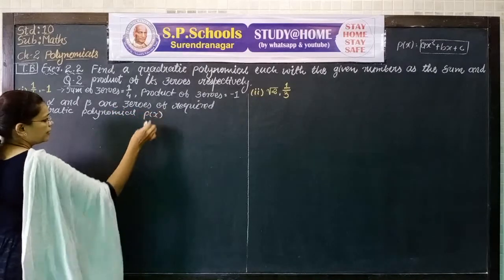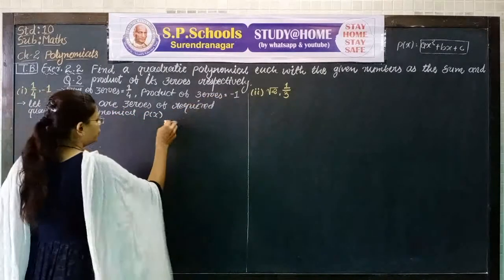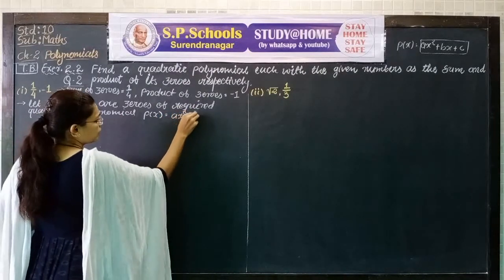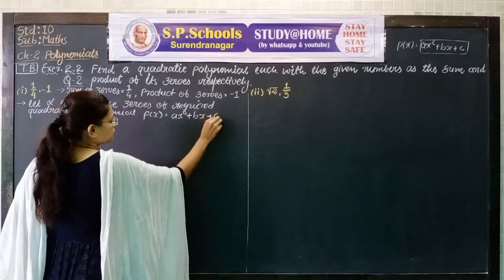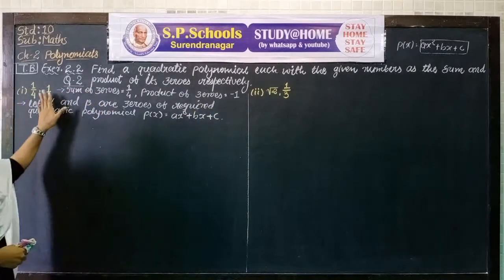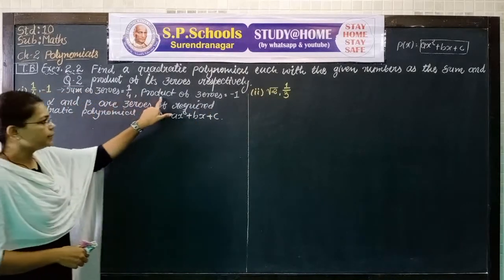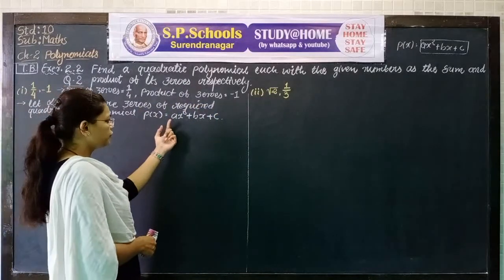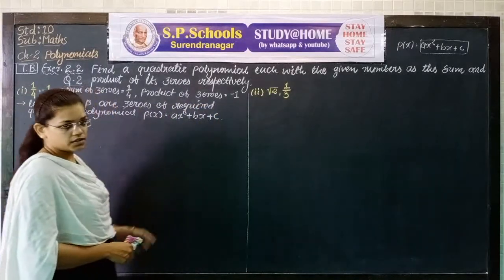We know the standard form of a quadratic polynomial is ax square plus bx plus c. Using the sum of zeros and product of zeros, first we have to find the coefficients a, b and c.